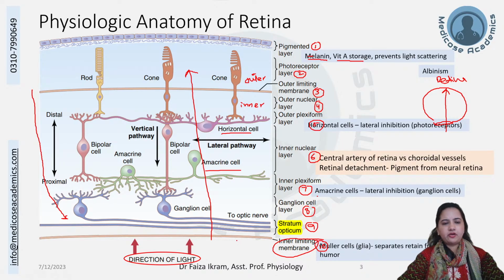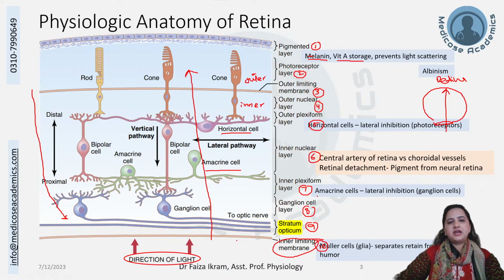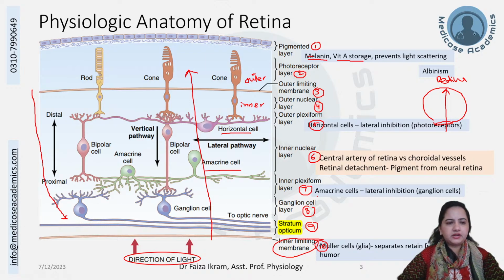The blood supply of retina, you will be reading in more detail in anatomy. From the functional point of view, the retinal neural layers are mostly supplied by the central retinal artery up to the photoreceptor layer.